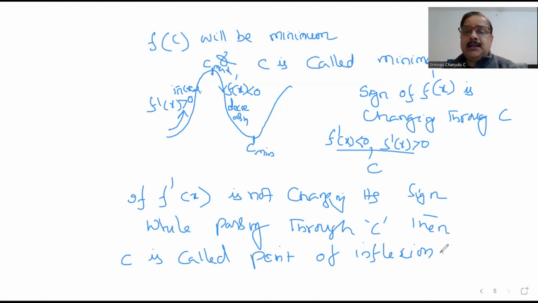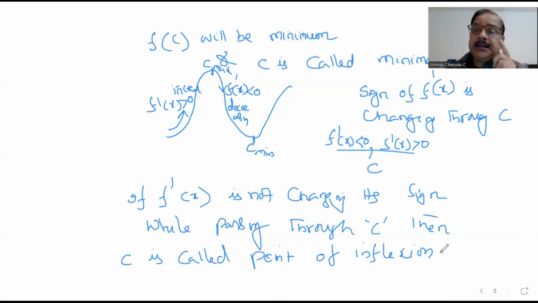So we understand that if by chance you define an interval c minus h, c plus h, and you travel through them, f dash x is changing the sign. When f dash x is changing the sign, then function is said to have a maxima or a minima. You can define like how we have shown in the previous curve.